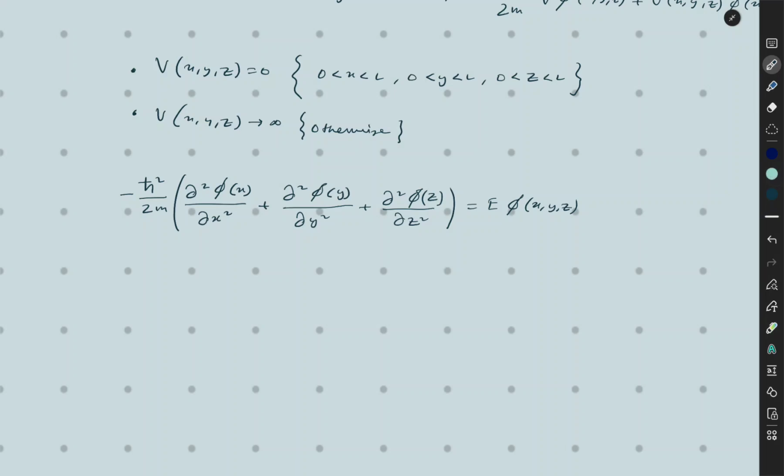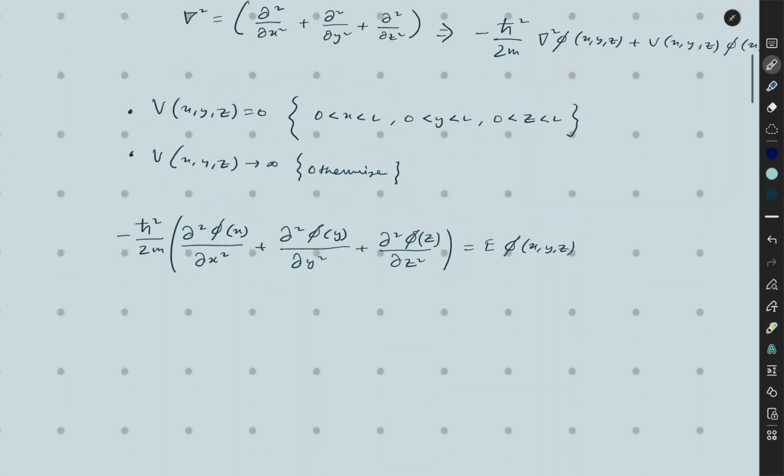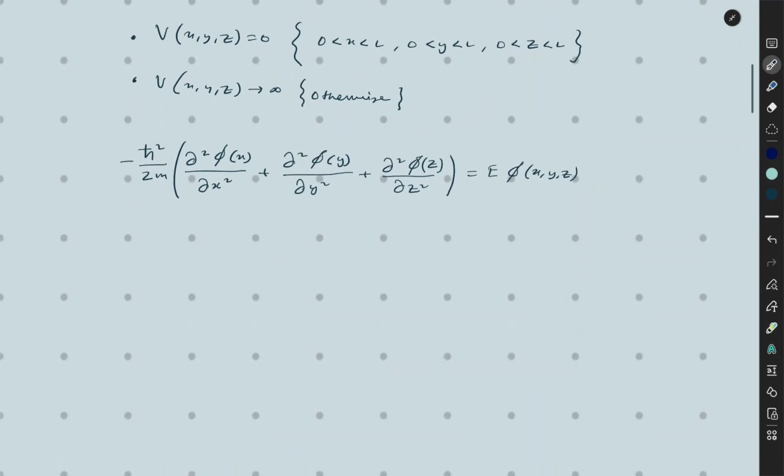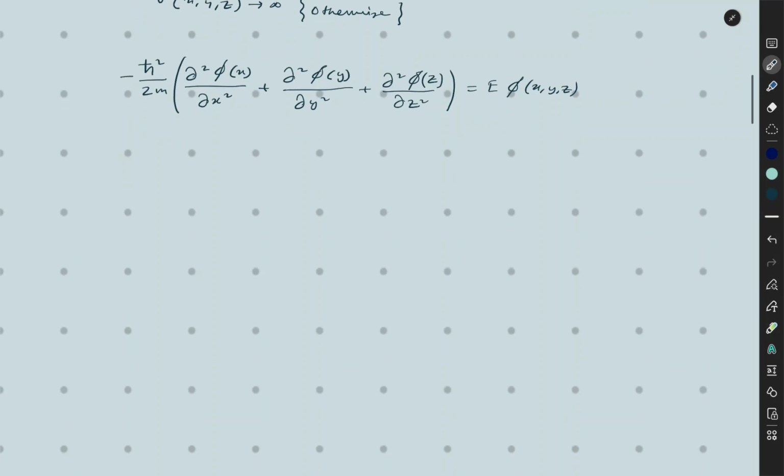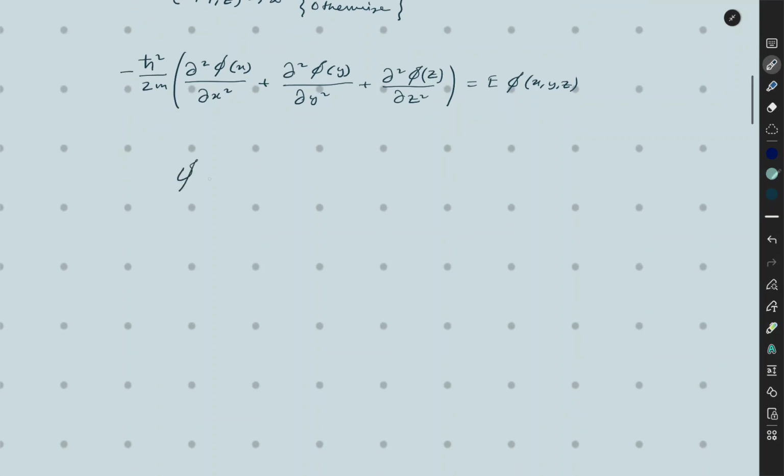Now as we said, this phi is dependent on x y z and x y z are independent variables, so we can use the change of variable. So let us take phi of x, y, z equal to X Y Z. Here capital X is a function which is dependent on only x, capital Y is a function which is dependent on only y, and capital Z is a function which is dependent on only z.